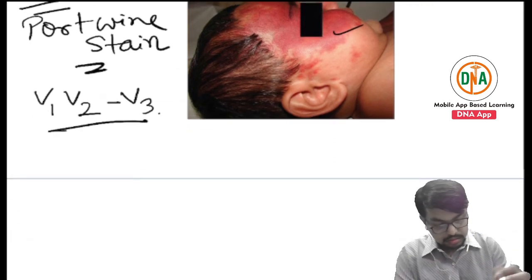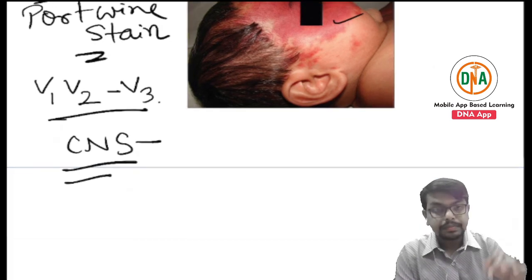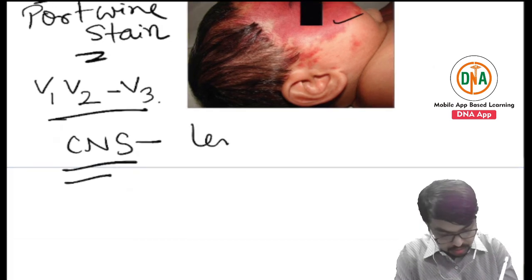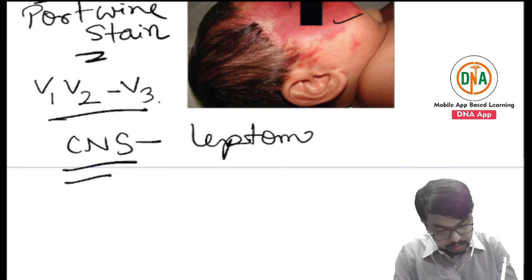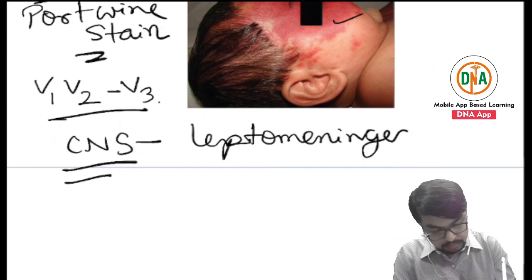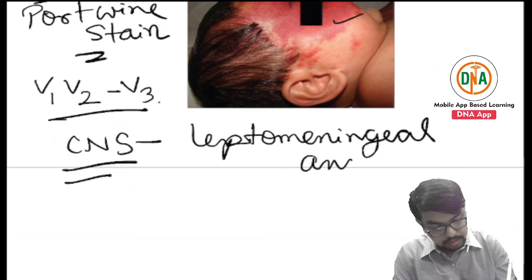Okay, next, what are the CNS features? There will be leptomeningeal angiomatosis.